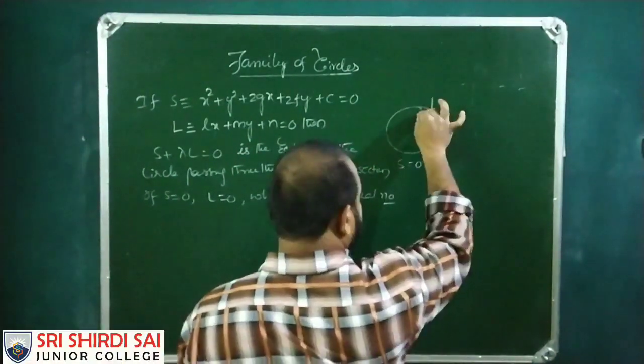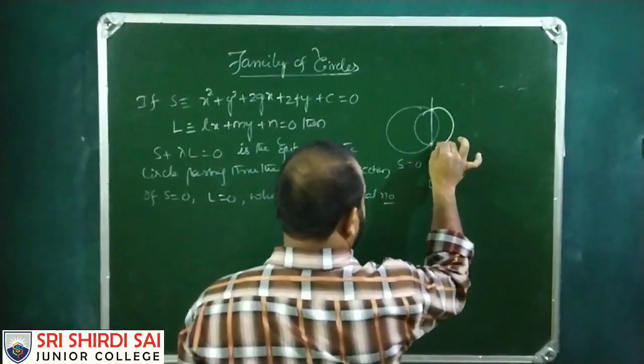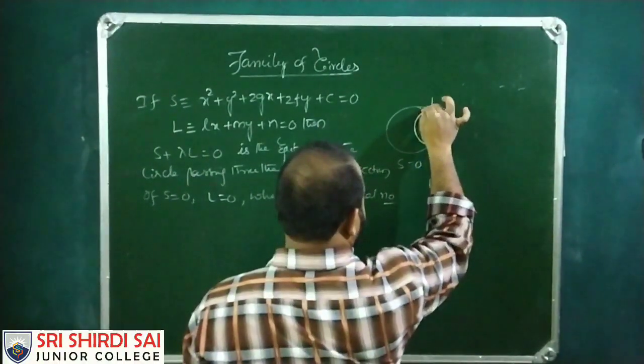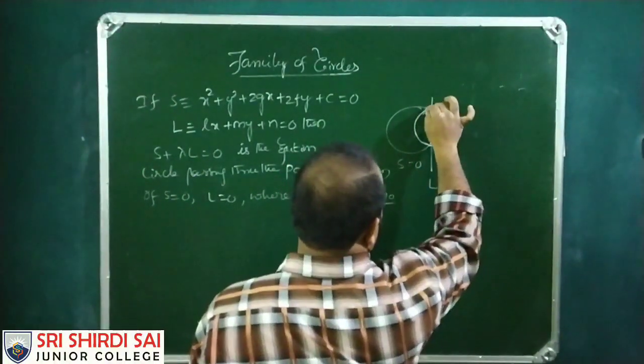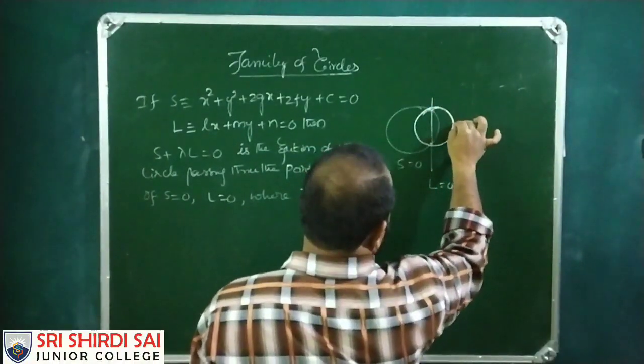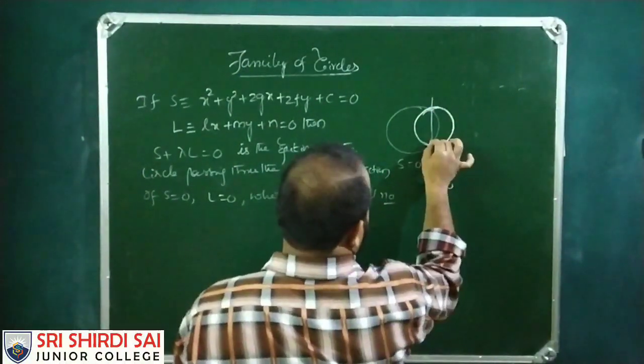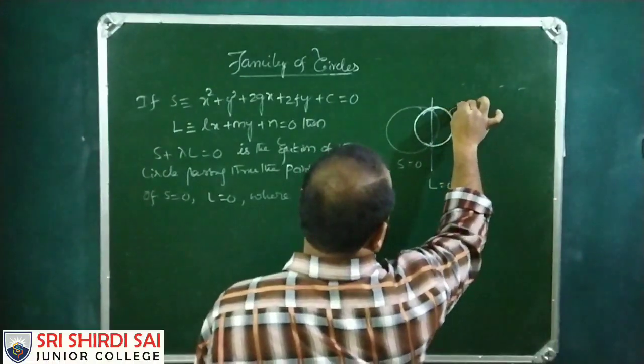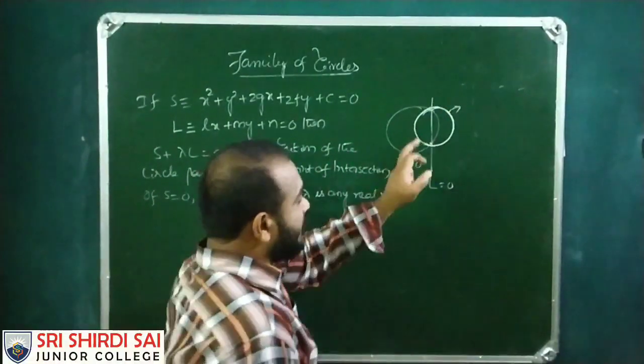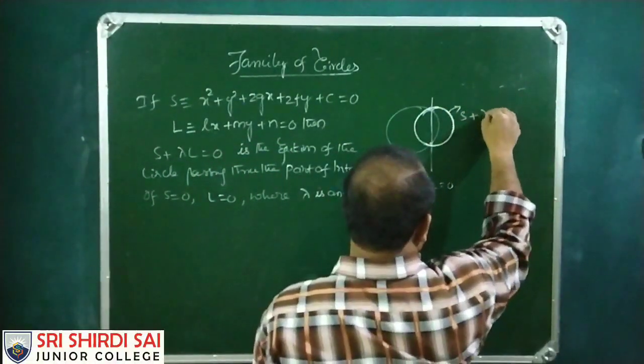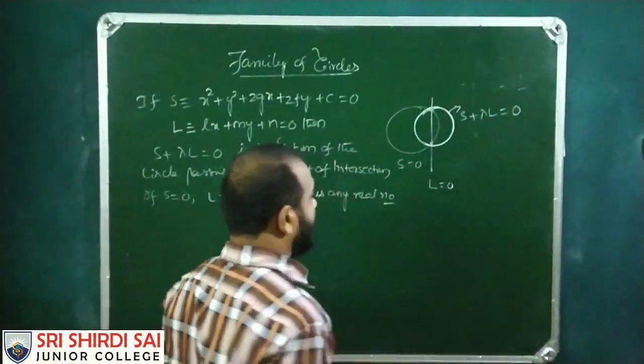So there will be one circle through the point of intersection of L equals 0 and S equals 0, and the equation of this circle is of the form S plus lambda L equals 0.